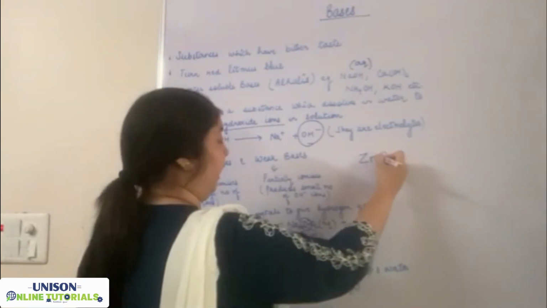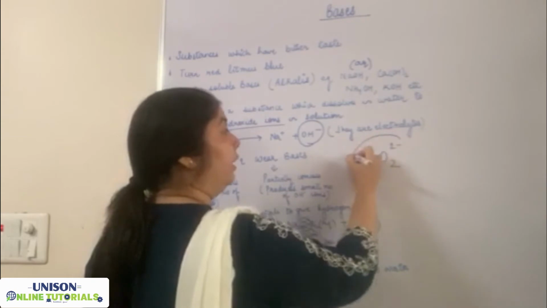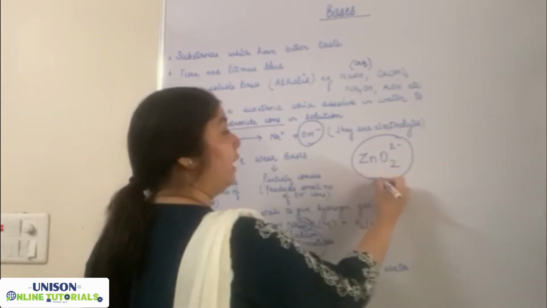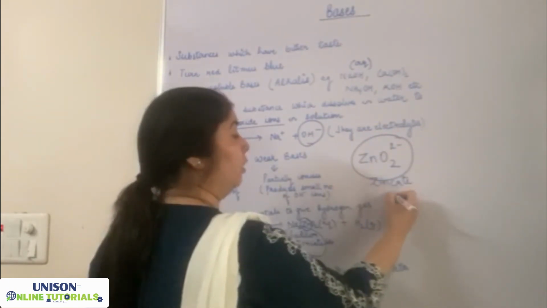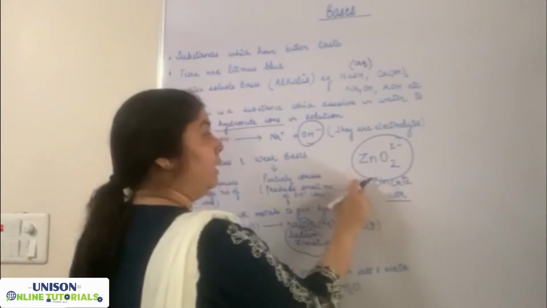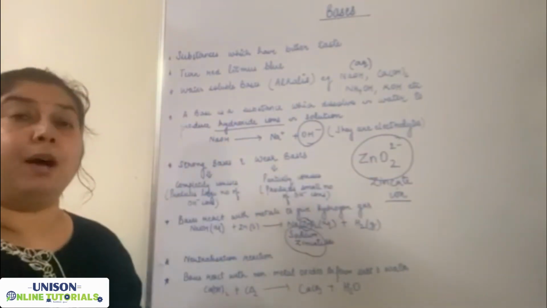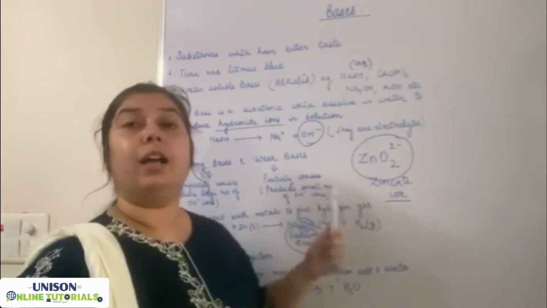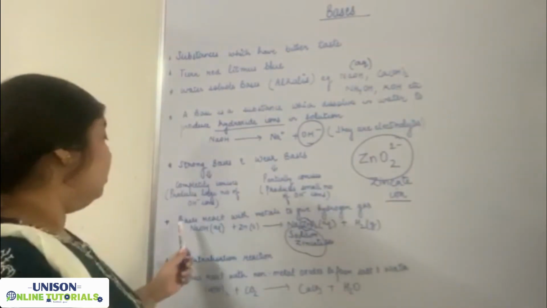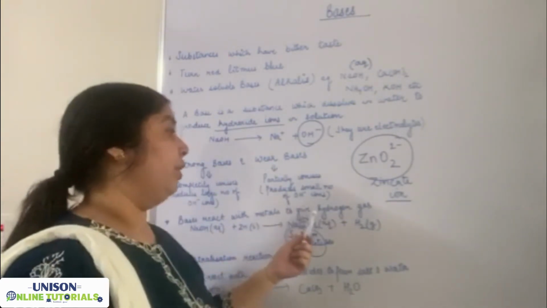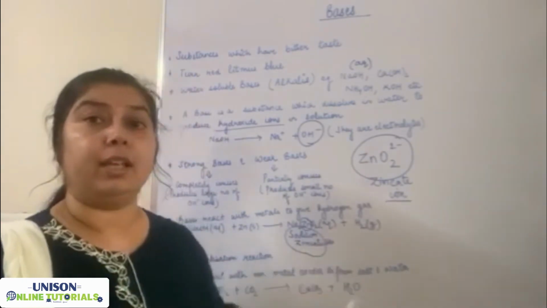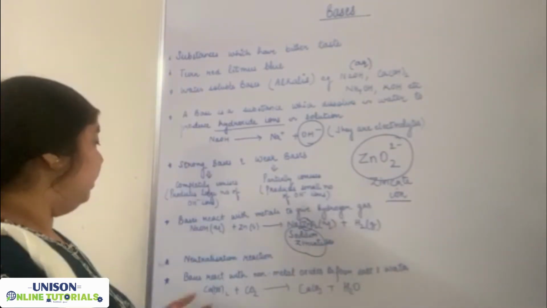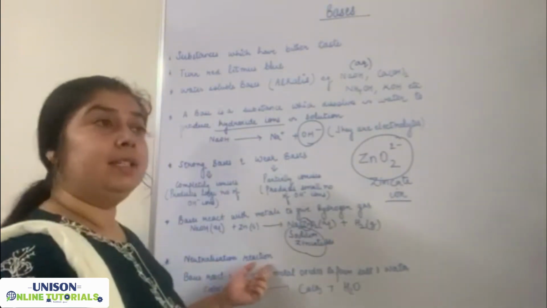Zincate ion, ZnO2 2-. So in zincate ion, zinc is a part of a negative ion. So bases react with metals to give which gas? Hydrogen gas.